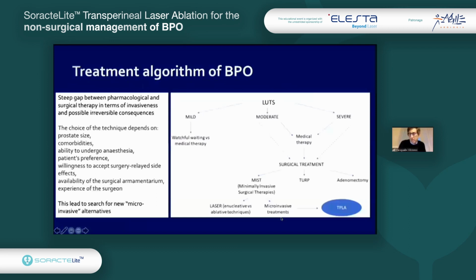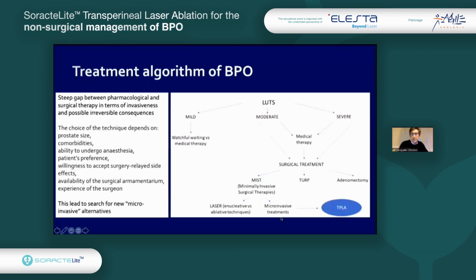Basically, we start with the consideration that in the treatment algorithm of BPH treatment, there is a steep gap between pharmacological and surgical therapy in terms of invasiveness and also postoperative consequences.